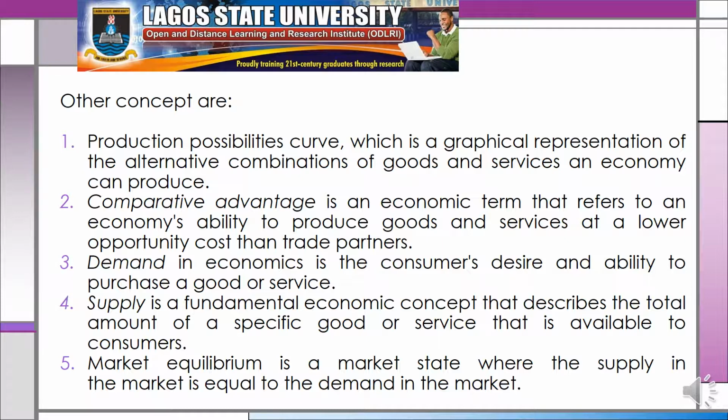We have the next concept, demand. Demand is a basic economic concept. Before we can talk about demand, supply, and market equilibrium, we want to ask ourselves, what is a market? A market is a group of buyers and sellers of a particular product or service.